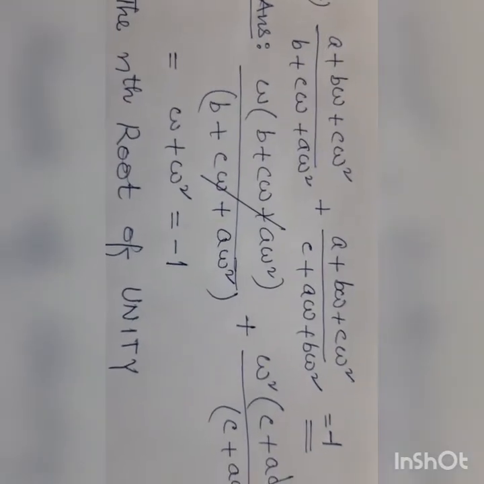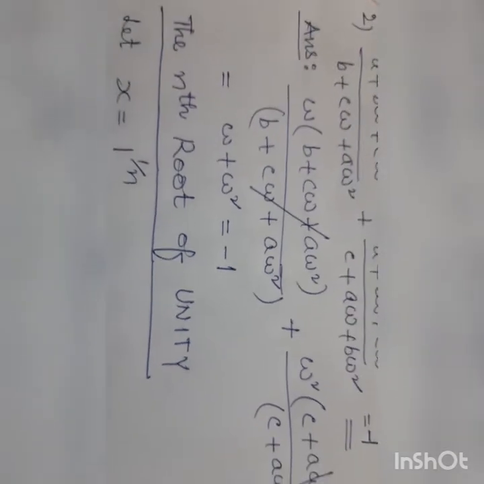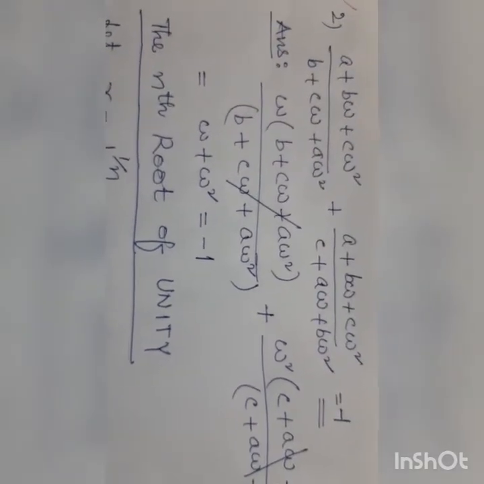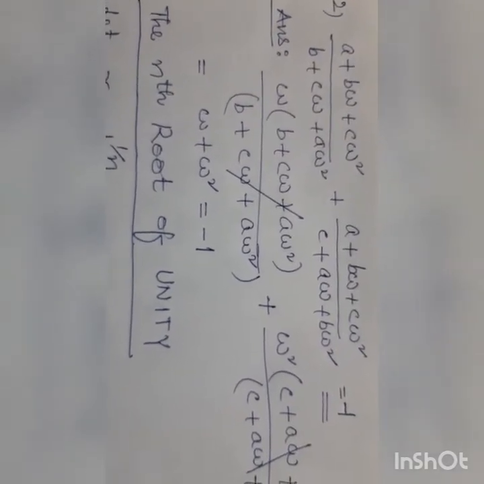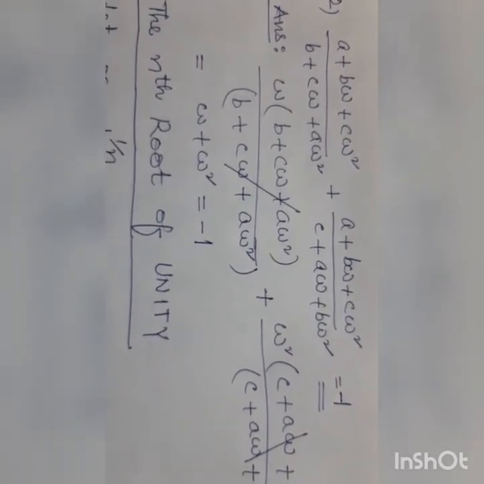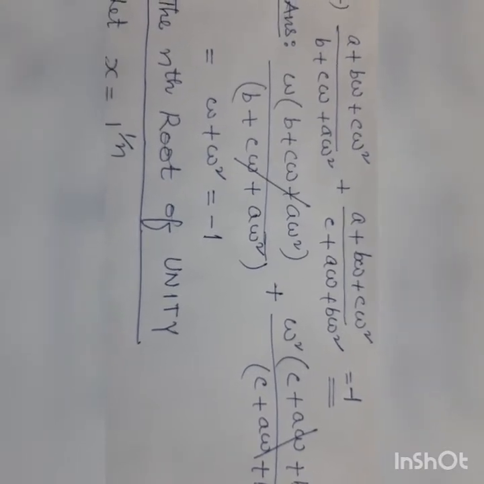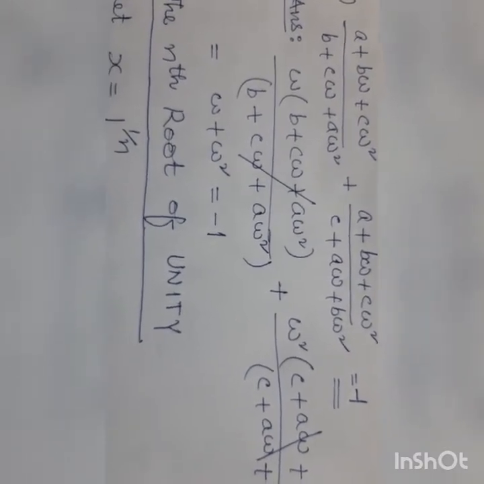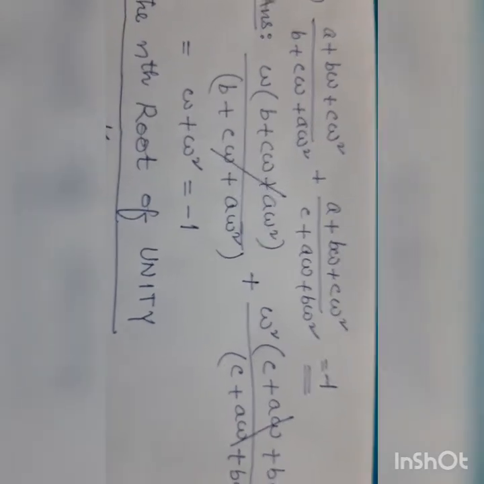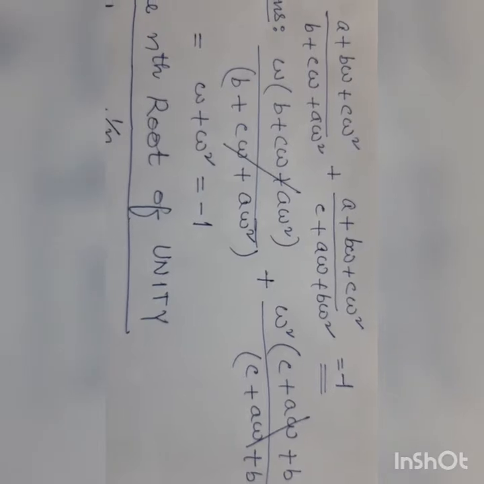Just we have taken omega in the numerator. I have taken omega in the numerator. Omega into b omega, observe the numerator. Omega into c omega square. Observe it, a omega square into omega, a omega cube. Omega cube equals 1, so a only remains.